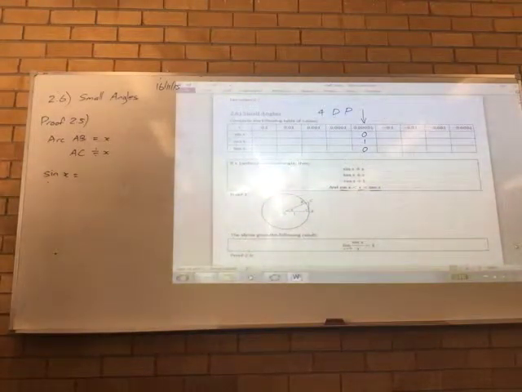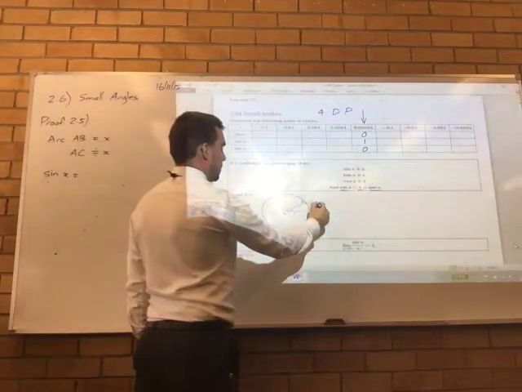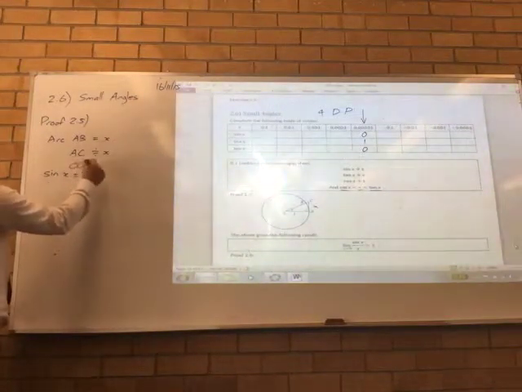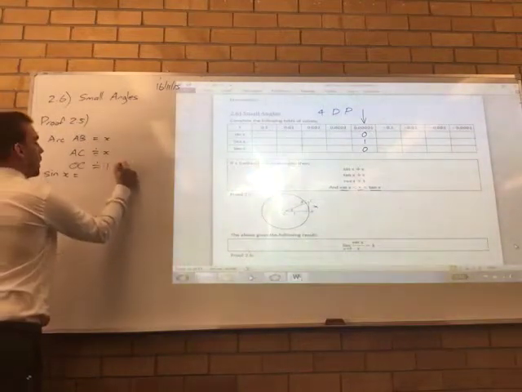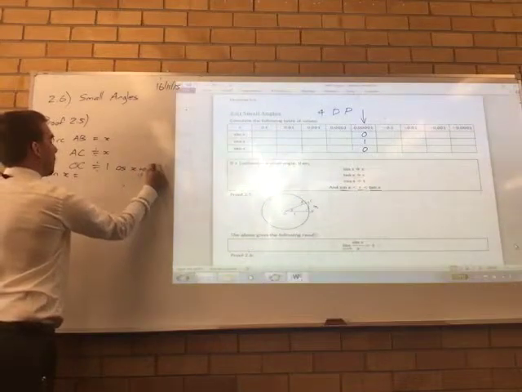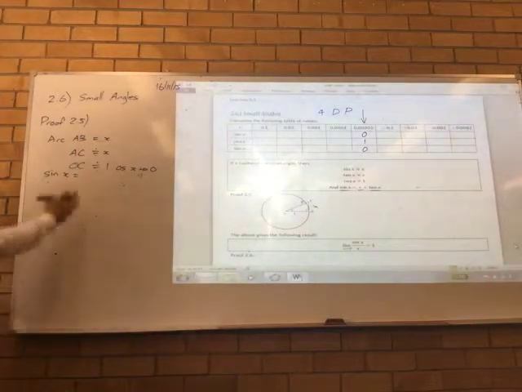We're using our right angled trig, so AC is x. And one more result, OC is approximately equal to what, as it gets small? 1. As x approaches 0, as we get smaller and smaller, the length of OC will get closer and closer to 1.